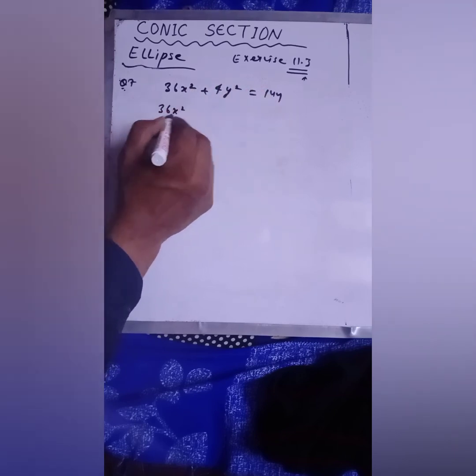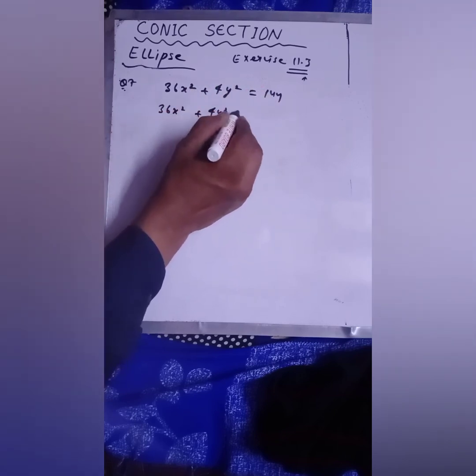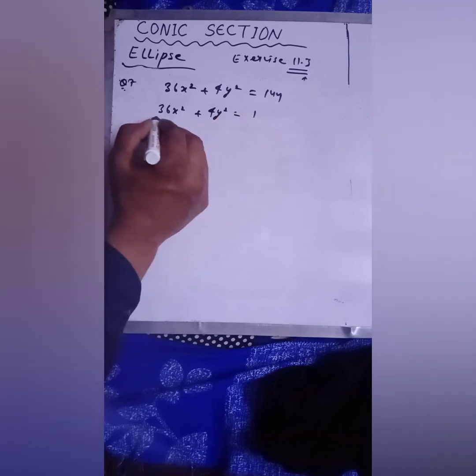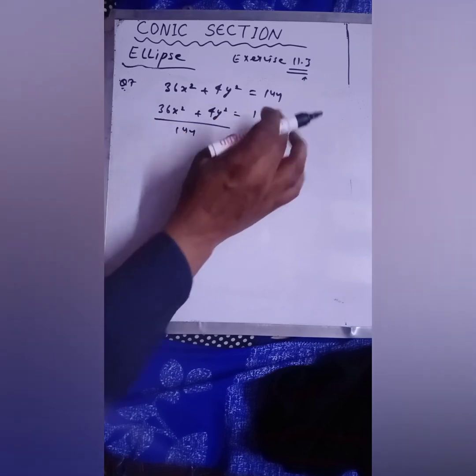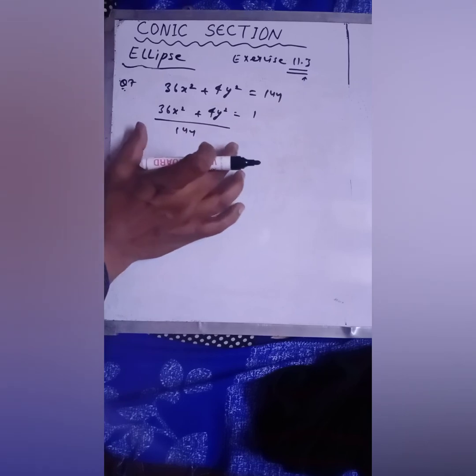36x square plus 4y square is equal to 144, you have to write, and I'm shifting this 144 into the denominator.